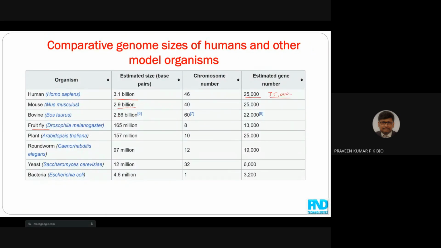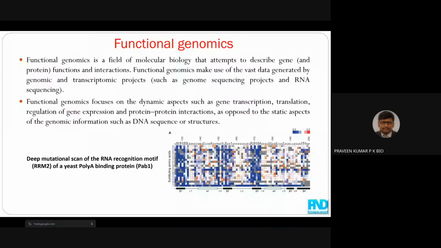I told you, in drug elucidation we can try with nematodes like Caenorhabditis elegans, and we can also compare with fruit flies. We can induce human diseases in this small fruit fly and come up with drugs even for humans, used as a model species. It is very small in size, 165 million. So if you want to try like this, we have to compare the size, chromosomes, etc. These are some of the basic information.